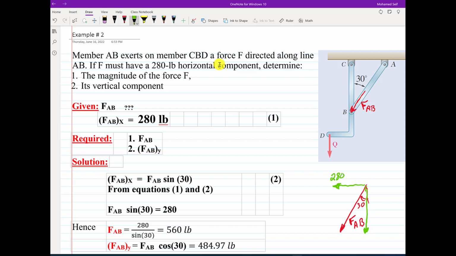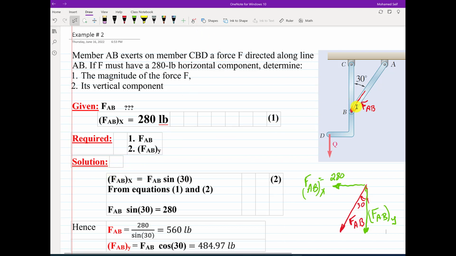Okay, so this is FAB in the X direction, and this is FAB in the Y direction. Now let's see what we will get.